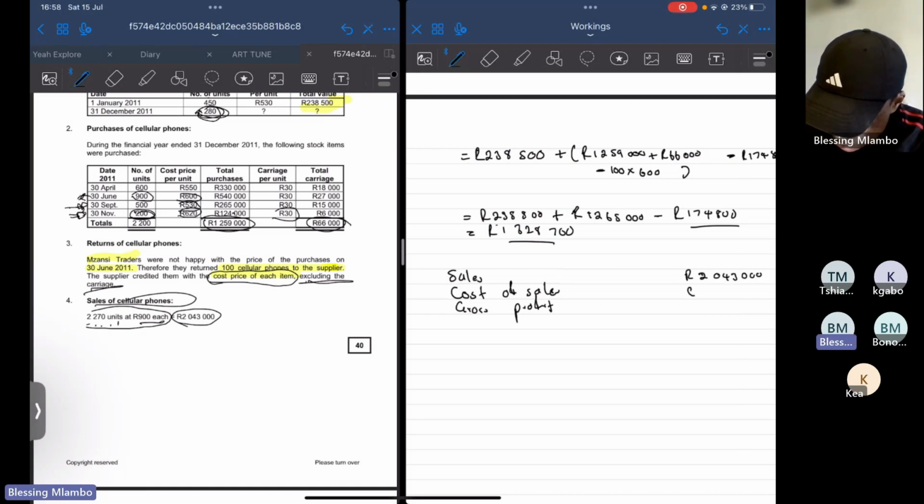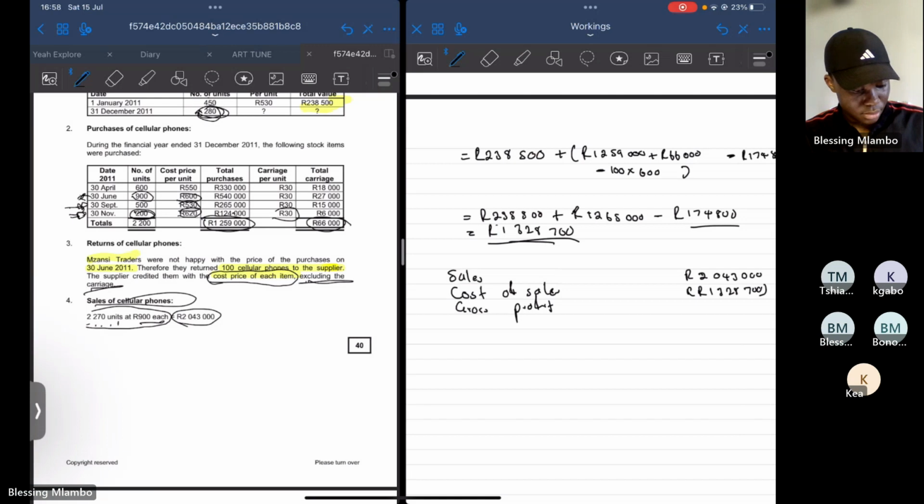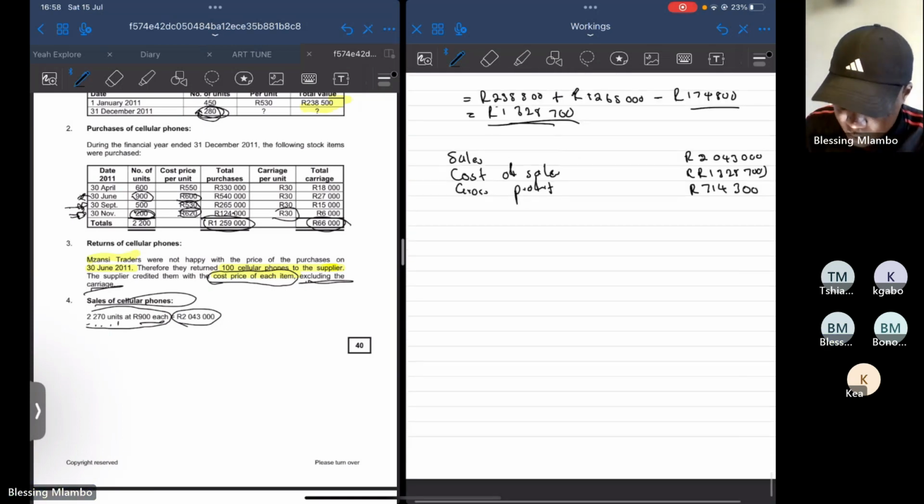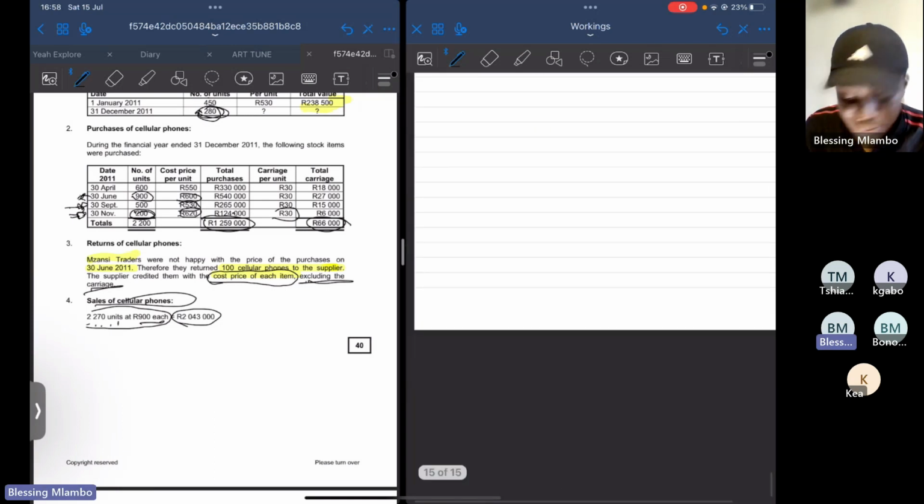And your cost of sales is the same thing we calculated above, which is 1,328,700. Then you get your gross profit as 714,300. Happy days.